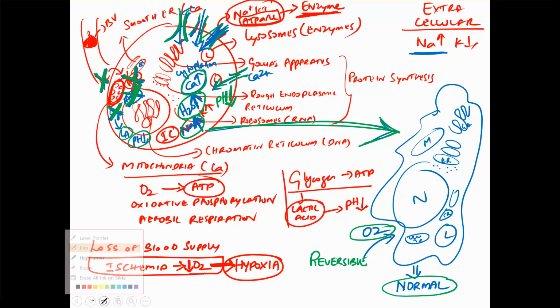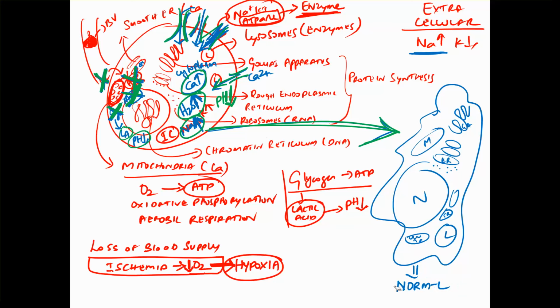If oxygen is not given at this stage, then the cell cannot come back to normal, and what happens is the lysosome ruptures.